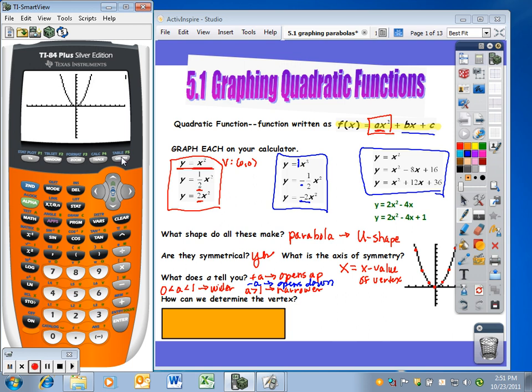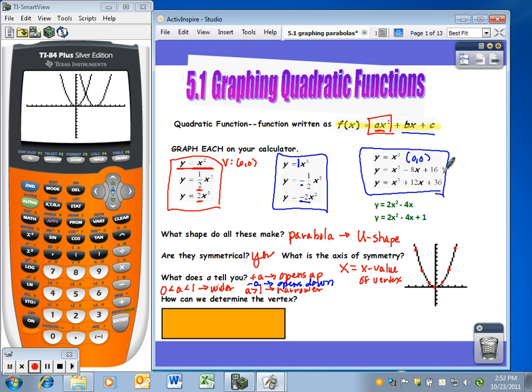There's x squared minus 8x plus 16. Notice this x squared vertex was 0, 0. X squared minus 8x shifted it 4 to the right. So this vertex was 4, 0 when it was minus 8x plus 16.